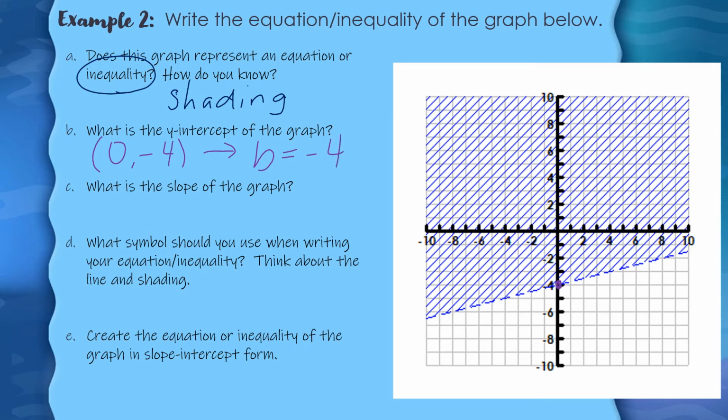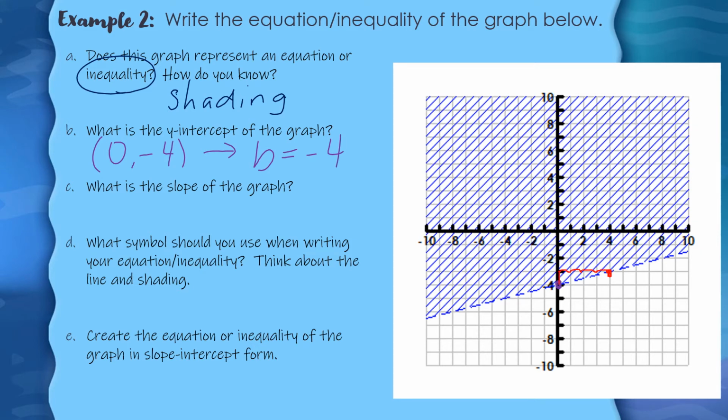Okay, what is the slope? On inequalities especially, you need to be very, very careful, especially with a dashed line, that you're continuing to count the slope to ensure that you have the right rise over run. On this one, it looks like I'm rising 1 and then there's a point right here. So I'm running 1, 2, 3, 4.